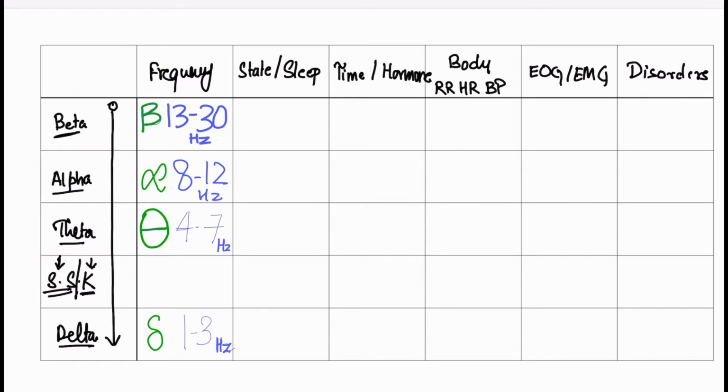Now we have to understand the state and the sleep in which these waves are present. From beta to delta, arousability decreases and the sleep deepens. However, there is an exception, and we will see this exception after some time. We have beta, eyes are open and the person is concentrating on a task like study.